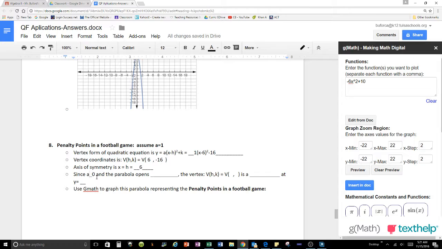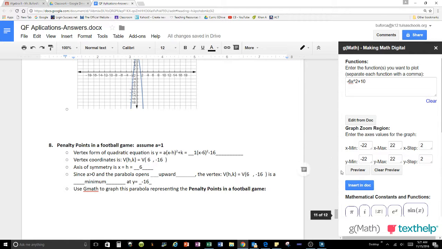A is greater than 0, and the parabola opens upward. The vertex (6, minus 16) is a minimum at y equals minus 16.